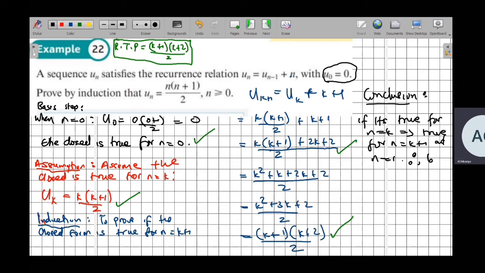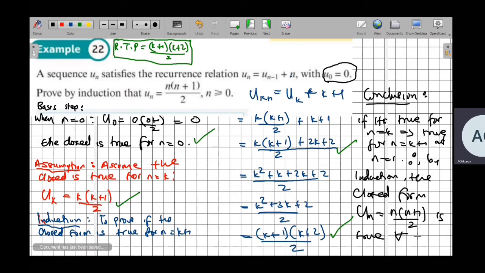Therefore, by induction, the closed form, in this case our u_n, (n plus 1) over 2, is true for all n element of the natural numbers. Happy? So that's basically the induction part.